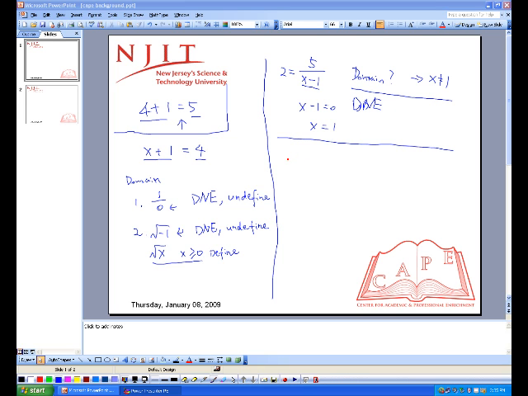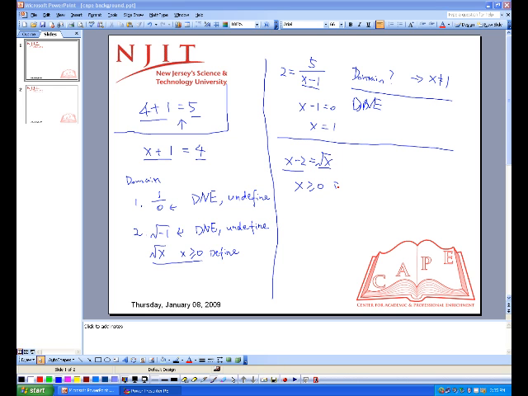x minus 2 is equal to square root of x. Now let's look at the left side, x minus 2. And on the right side, we have the square root of x. We know that it's only defined when x is greater than or equal to 0.